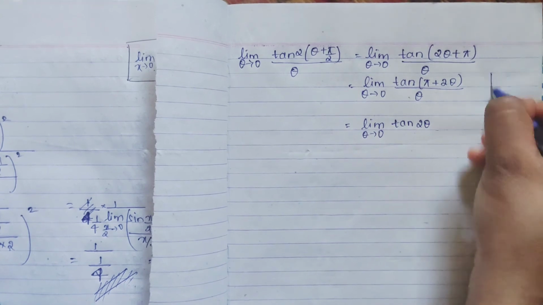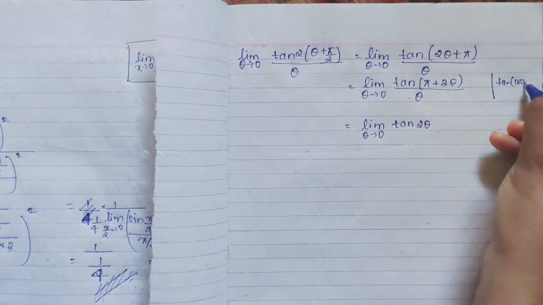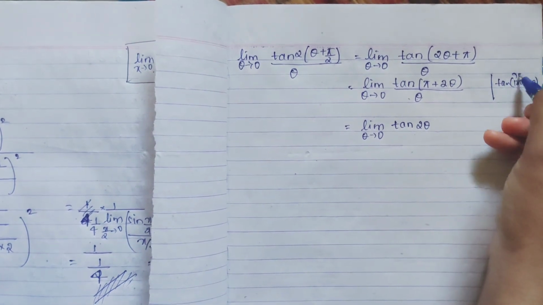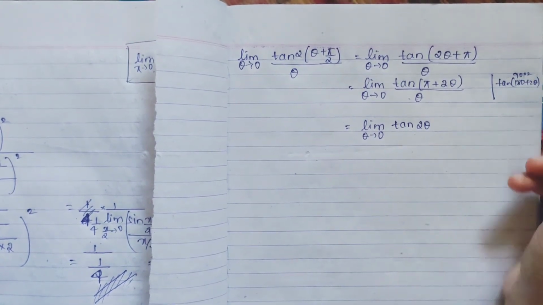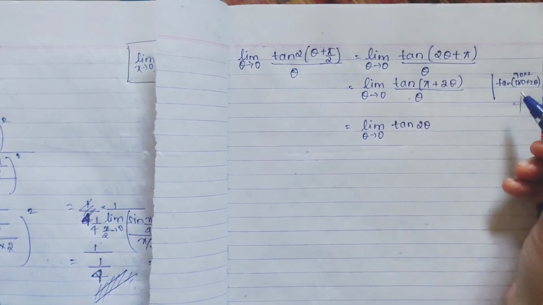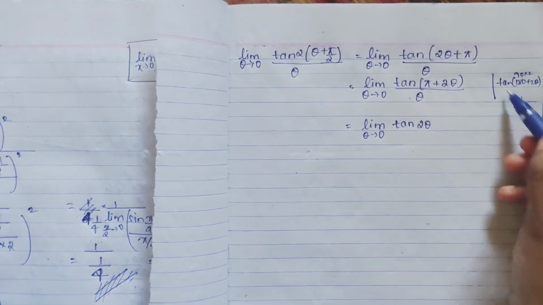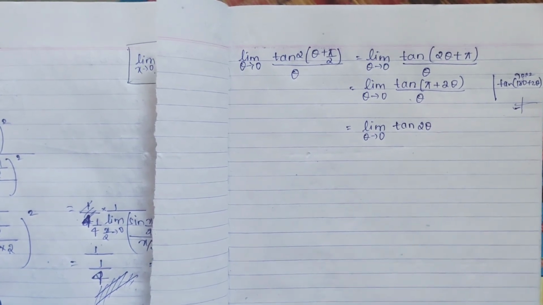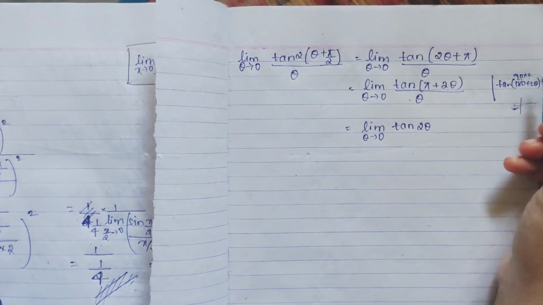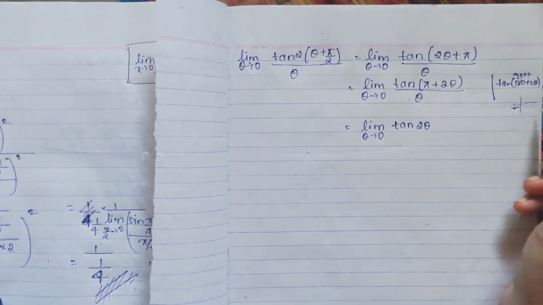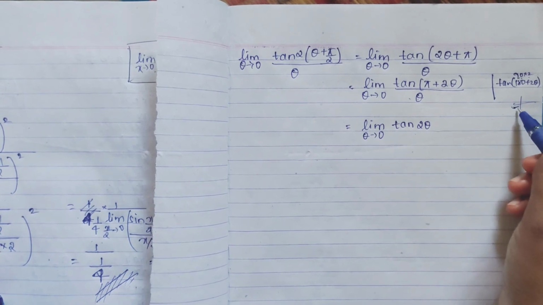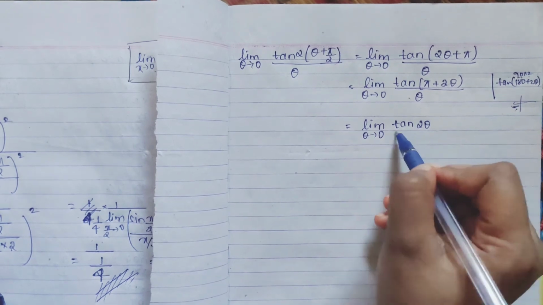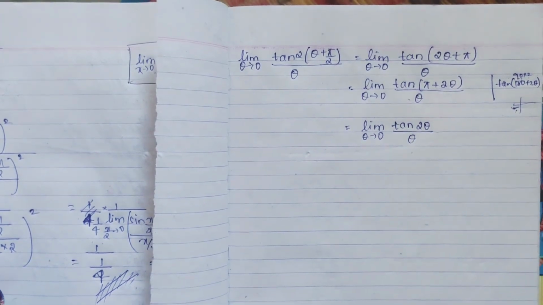Or else you can do tan of 180 plus 2 theta, or 90 into 2. Then it comes under the third quadrant, where tan is positive. Pi plus 2 theta also comes under the third quadrant, where it is positive, so it will be tan 2 theta divided by theta.